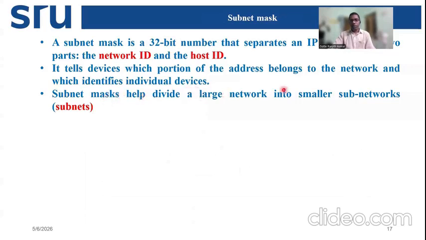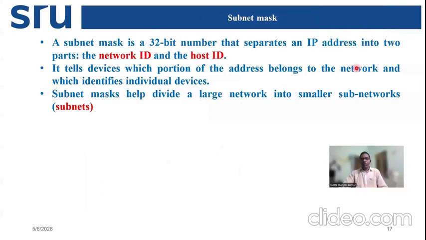Now coming to the subnet mask. At the time of the DHCP server simulation, I told you that whenever a system is connected to the network, IP configuration details will be assigned by the server, like IP address, subnet mask, and default gateway. This subnet mask is also essential whenever a device wants to communicate with another device.